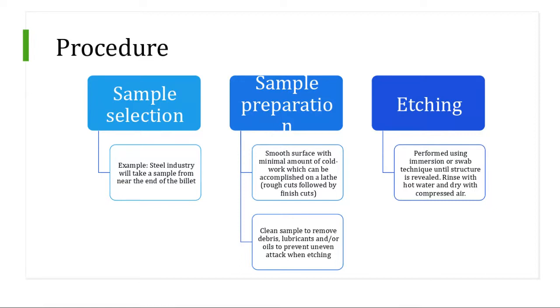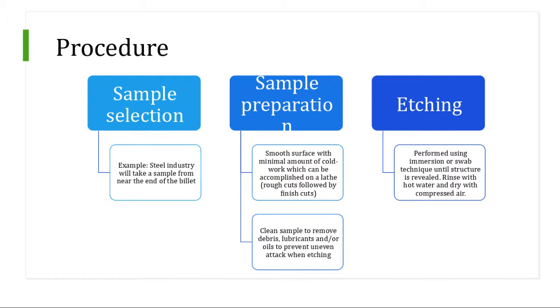Just think of a long rectangular or square shaped piece of hot metal, and then of course when it cools they'll take two transverse cuts and they'll macro etch that surface. Typically that disc will be taken at near the end of the billet.